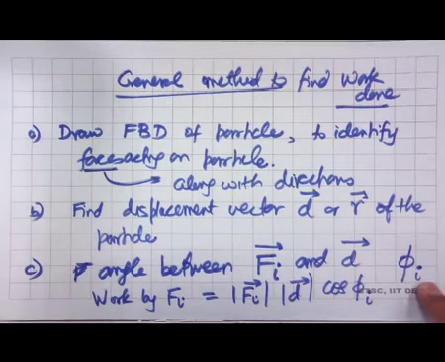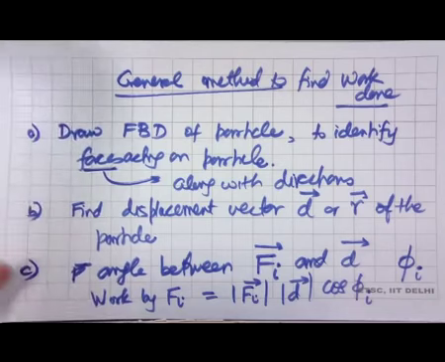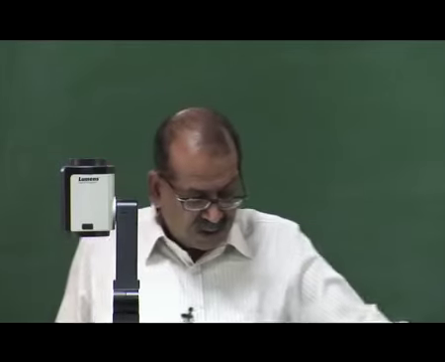Notice this phi has an i because each force will have a separate angle with the displacement d. So, this is how we then calculate the work done, as simple.